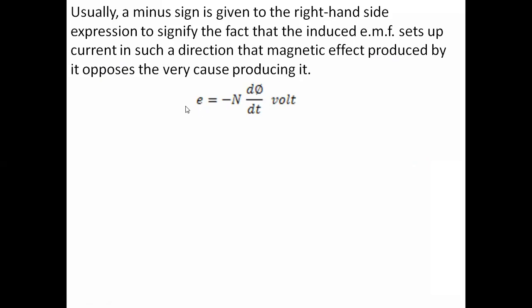So E is equal to minus n dφ by dt volts, considered as a negative voltage, because by the flux linkages it will oppose. By connecting it with the coil, the generated EMF will produce an opposing effect. That's why this E is considered negative.